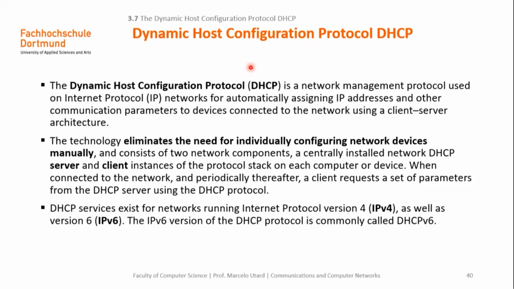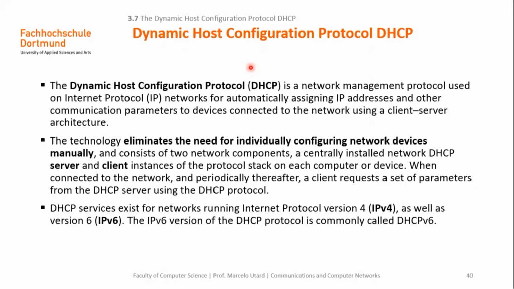The DHCP protocol and the client-server architecture eliminate the need for individually configuring network devices manually and consist of two network components: a centrally installed network DHCP server and client instances of the protocol stack on each computer or device.